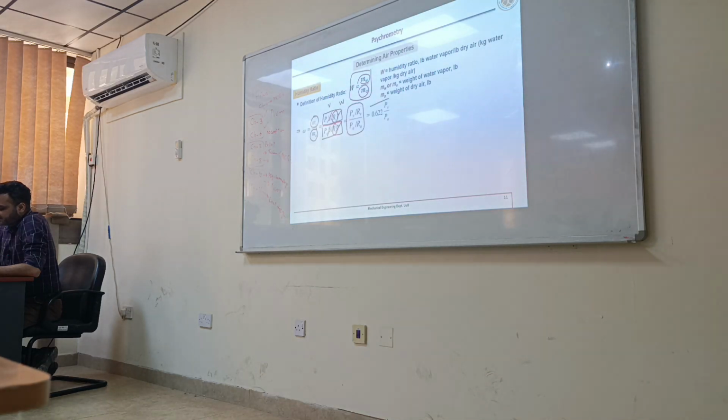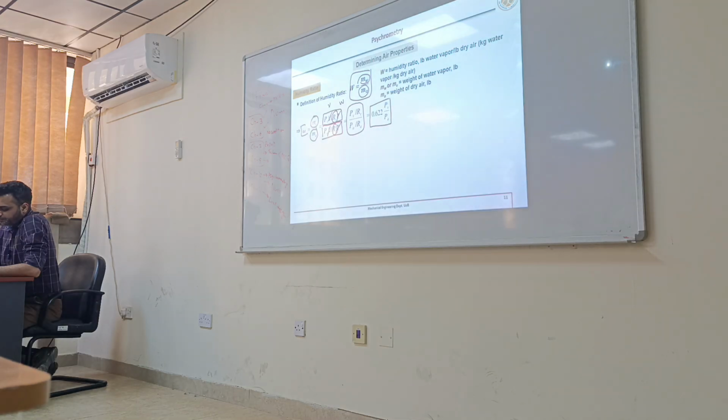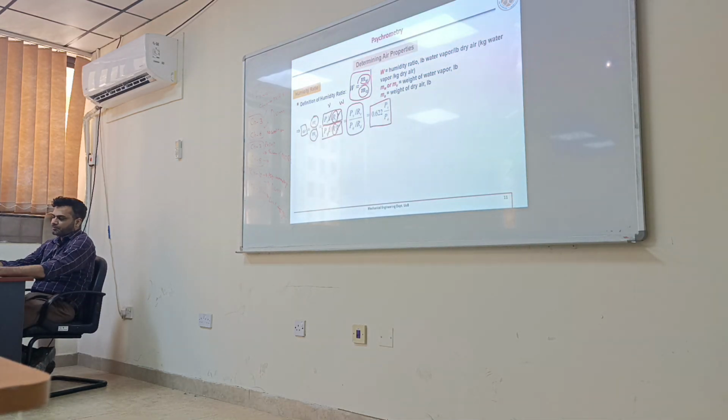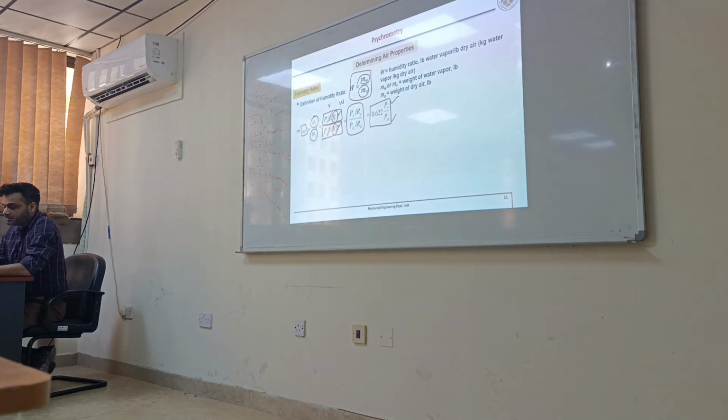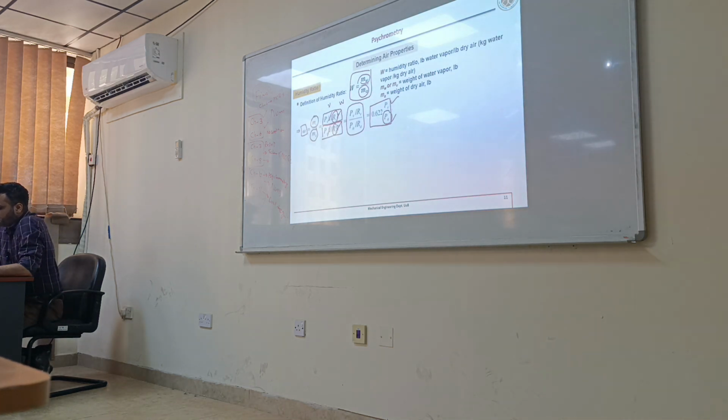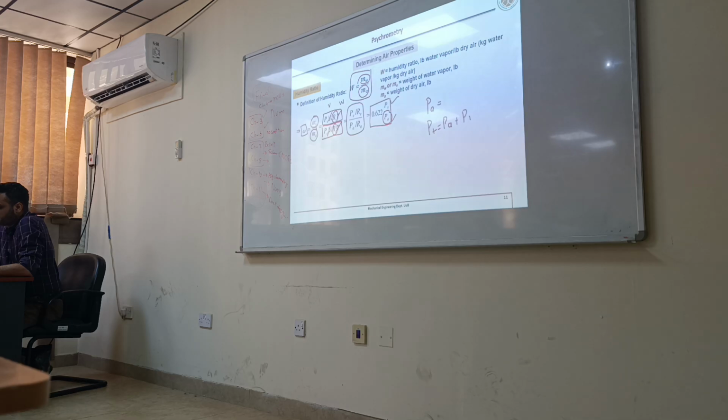Now put the value. This is the equation to find out specific humidity, if we know the pressures of water vapor and pressure of dry air. What is this P_a here? Pressure of dry air. So what is the total pressure? P_v.